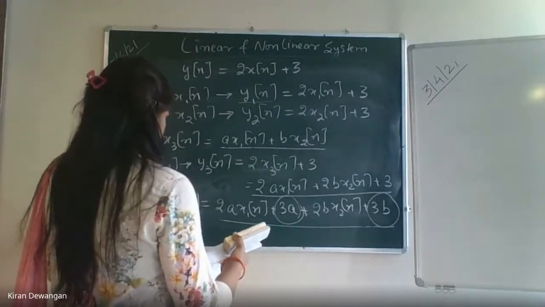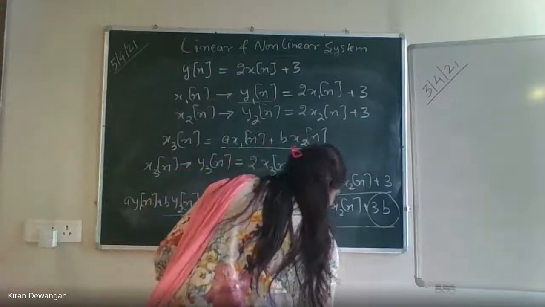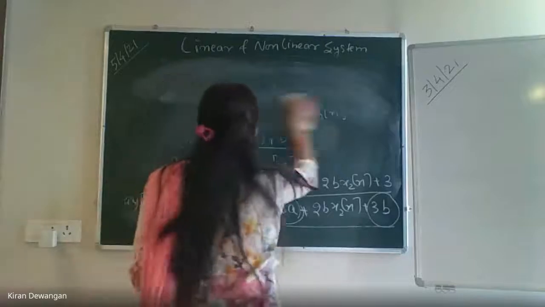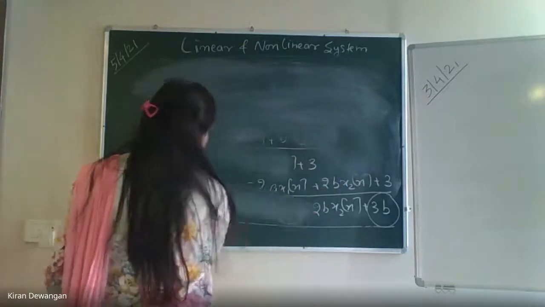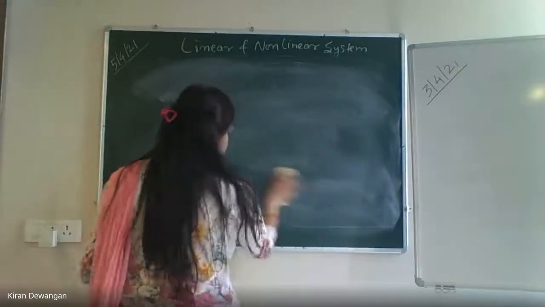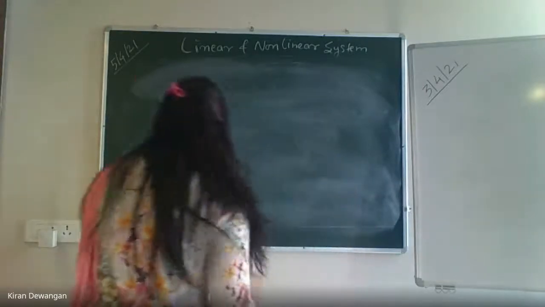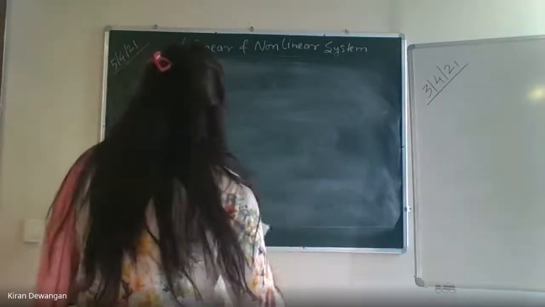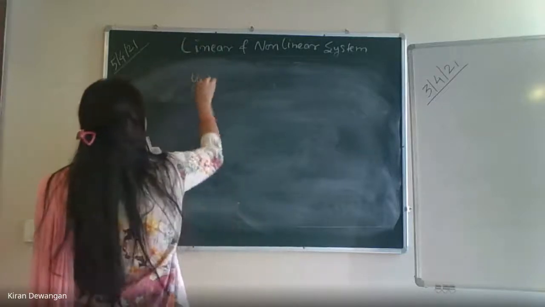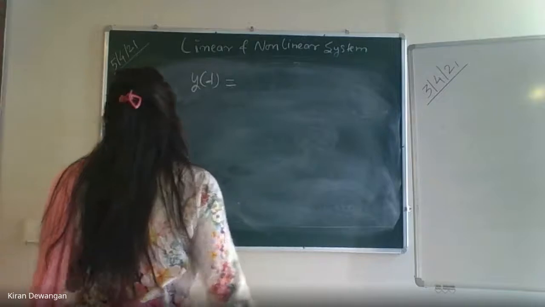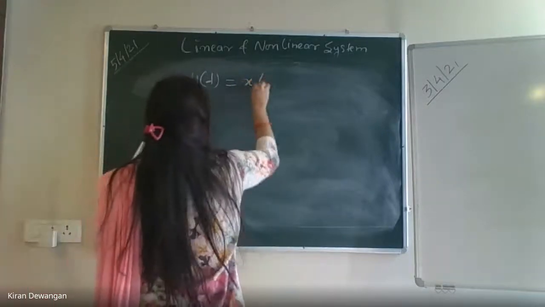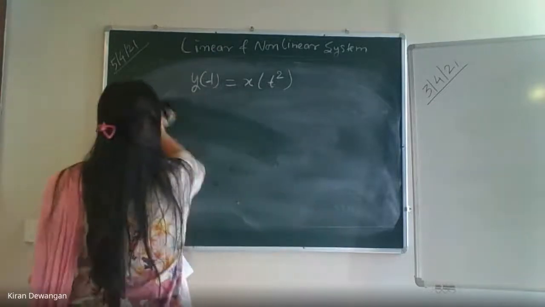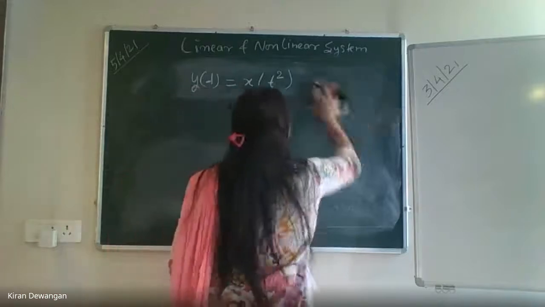So let's do another type of question. y of t is x of t square. ये बताओ linear होगा non-linear होगा?